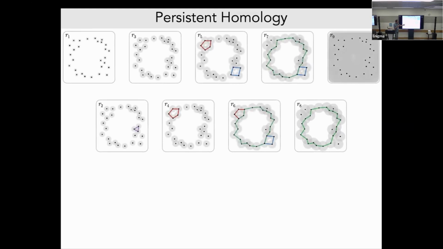In this case, the parameter is the radius of the balls that I used, either to draw the picture or to construct the geometric complex. And you see different radii, increasing in this way, give you different answers. There's a hole here, there's a hole here, which probably are not very interesting, not what you imagine as the shape of the data. And in the last picture, the radius is so large you don't see anything.